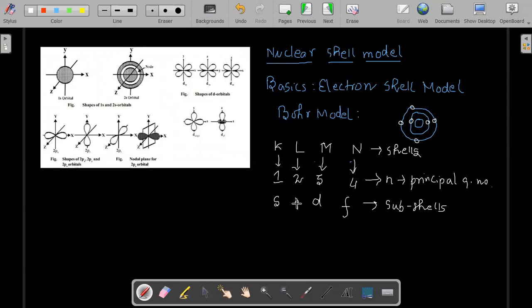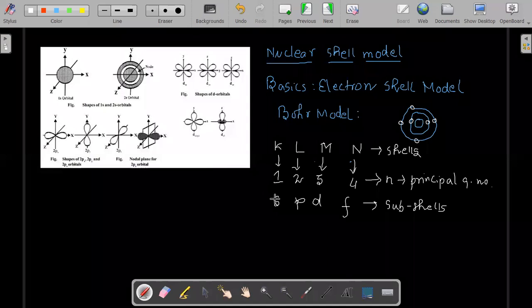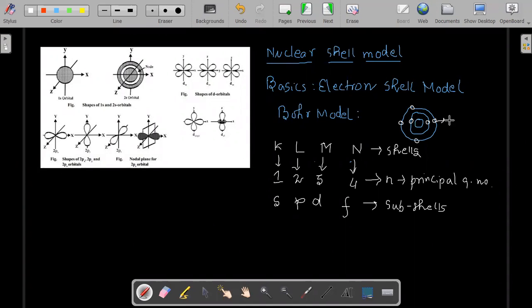These shells and subshells are an imaginary concept. We know the electrons will reside in a particular location, and that location states what is going to reside there. So the electrons reside inside shells and subshells; these are the locations, the regions.